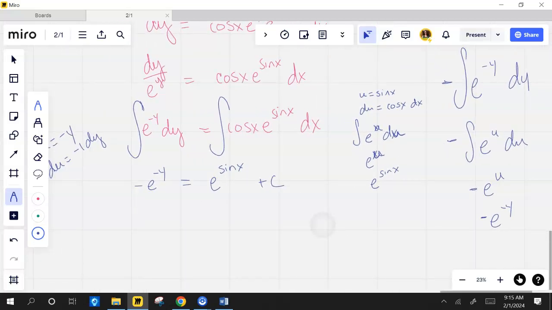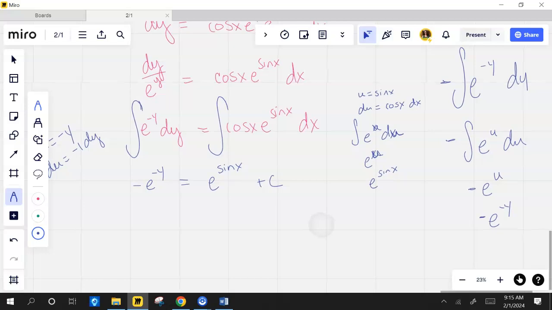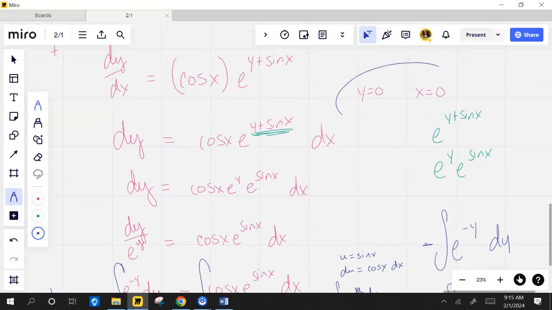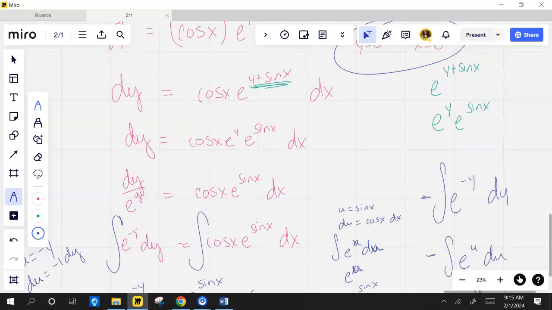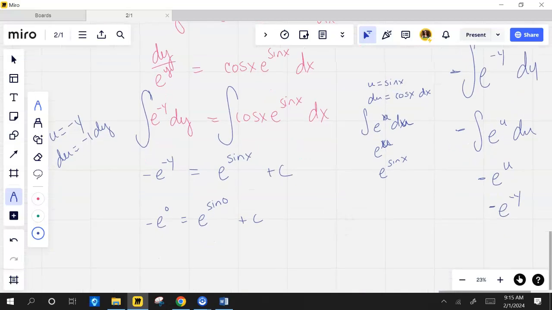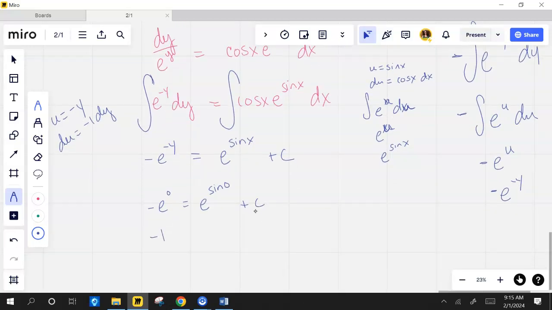All right, what was my initial condition? So now I need to do negative e to the 0, equals e to the sine 0, plus C. That's right, because we're solving for C. What's the sine of 0?